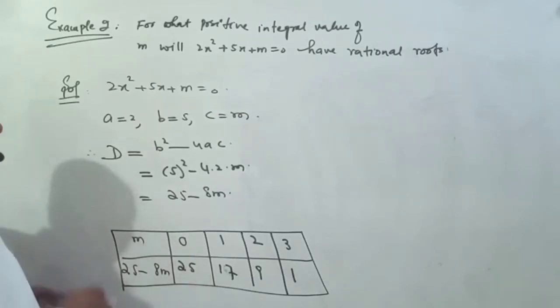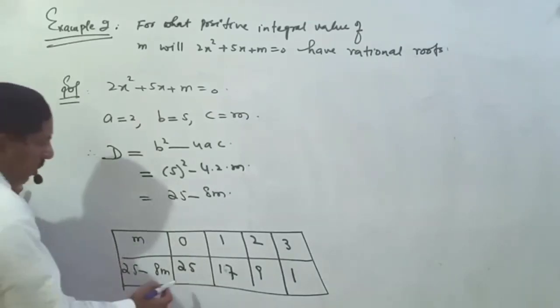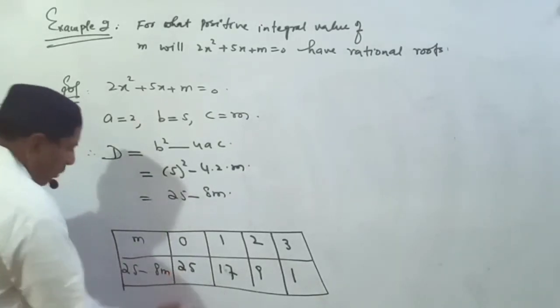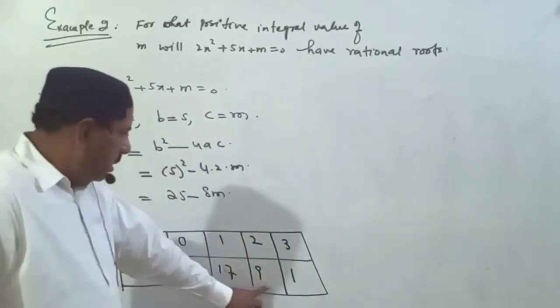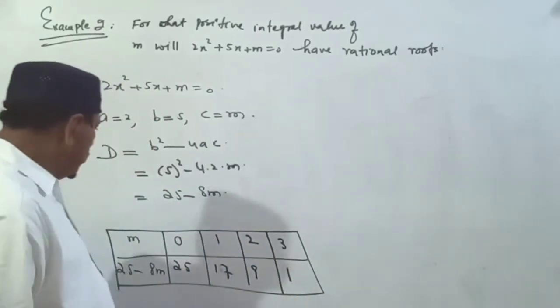So we need the rational roots. Rational roots will occur when the discriminant is in perfect square form, which will be 25, 9 and 1.